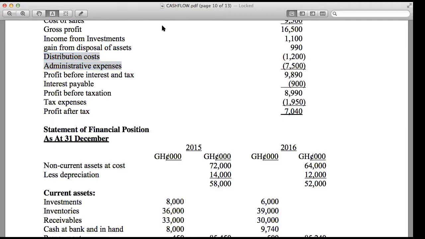Good. So that is it. Then admin. So the administrative expenses is 7,500.